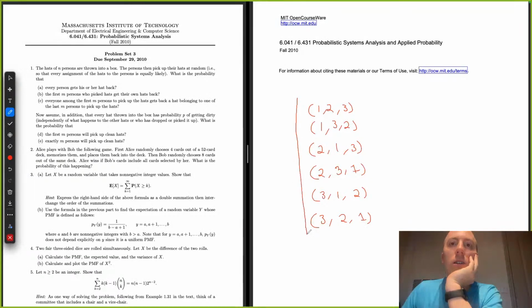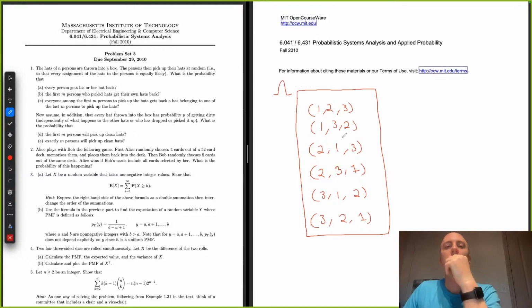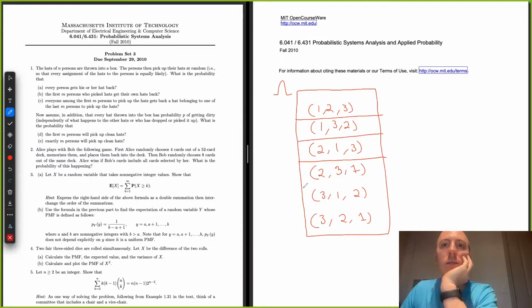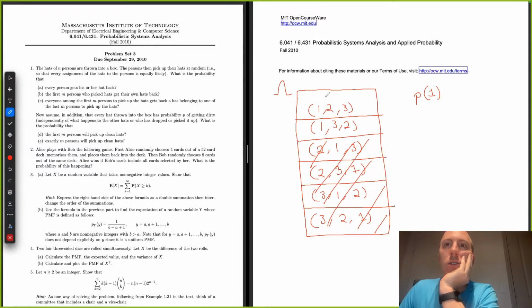So these are the outcomes of our probabilistic experiment. Okay, so I guess we say, all right, 1 happens. So these are basically all gone, and now we're in this universe right here.